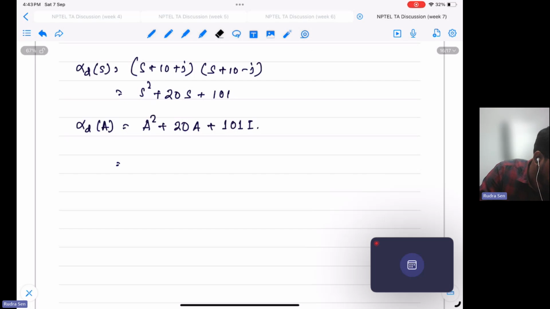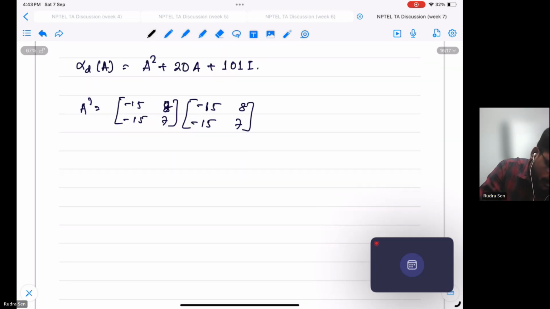So for that case, I have to find out the A square, not very much difficult. So A square is equal to minus 15 7, minus 15 8, minus 15 7 into minus 15 8, minus 15 7, and what I will get? I will get this 105, minus 64, 120, minus 71. So this is A square that I'll get.